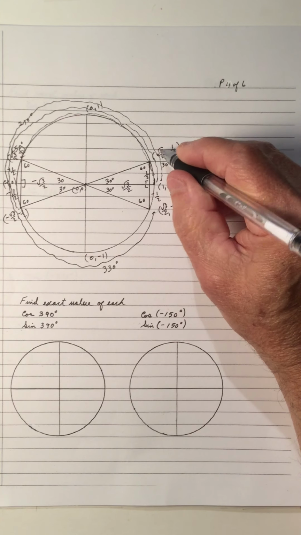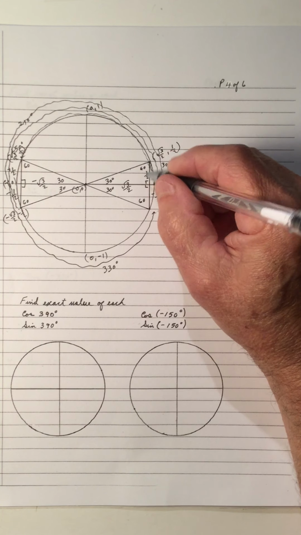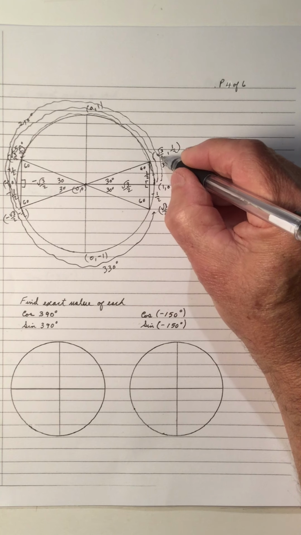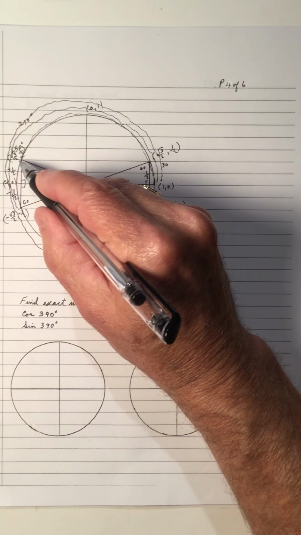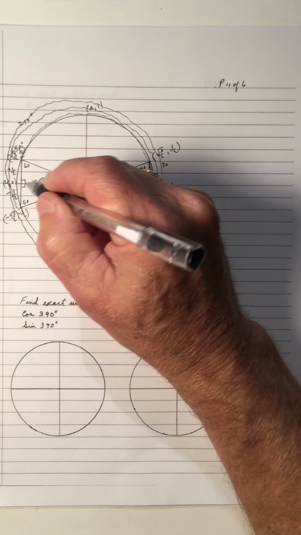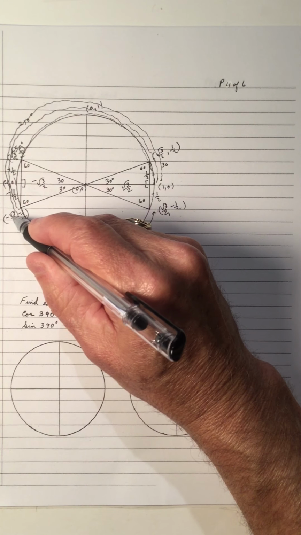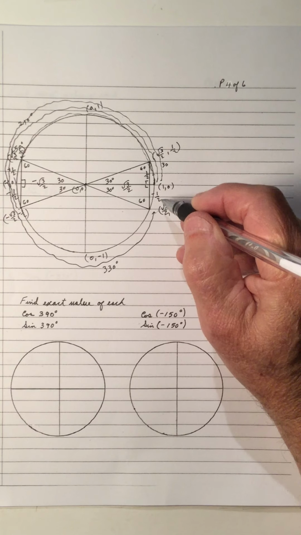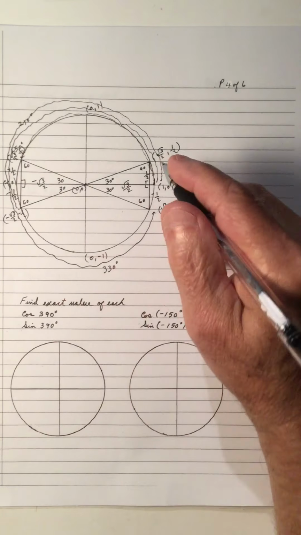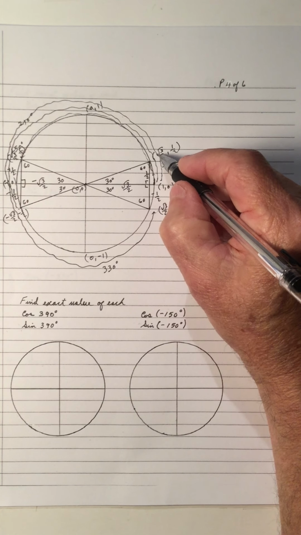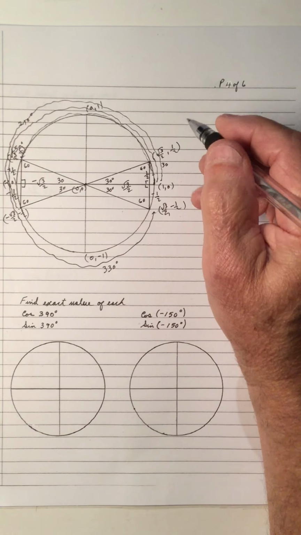Notice the coordinates of the point are the cos and sine values of these 4 rotations. The cos is root 3 over 2, positive in quadrant 1. Cos is the x, so it's negative in quadrant 2, negative in quadrant 3, and positive in quadrant 4. The cos of the reference angle of 30 degrees is always root 3 over 2, but it's plus or minus because the x is plus or minus in different quadrants.